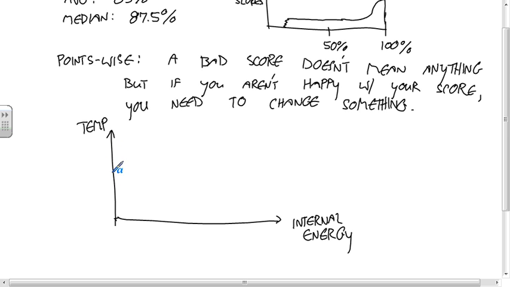If you think of it in Celsius, let's do it in degrees Celsius. So let's say that it starts out in the solid phase.